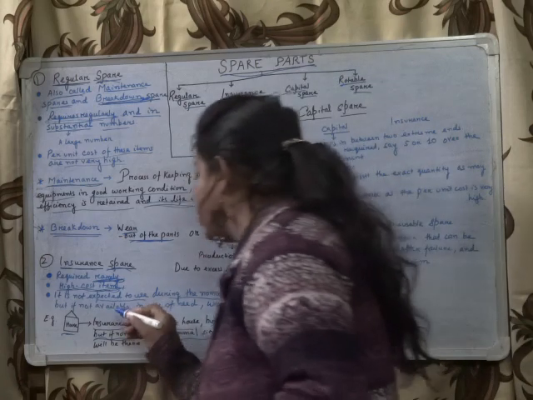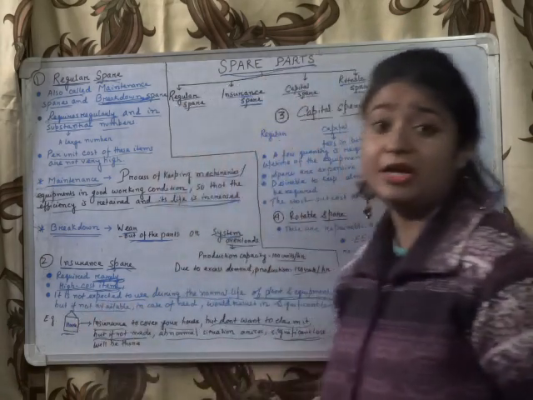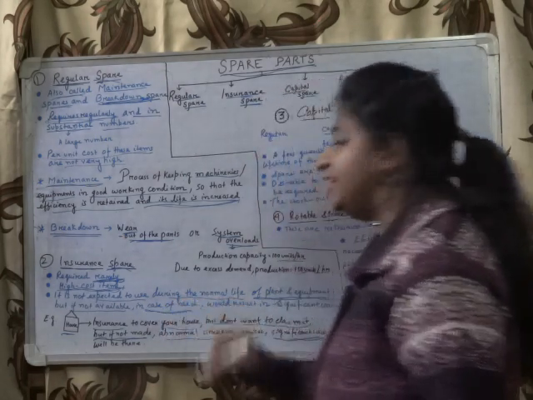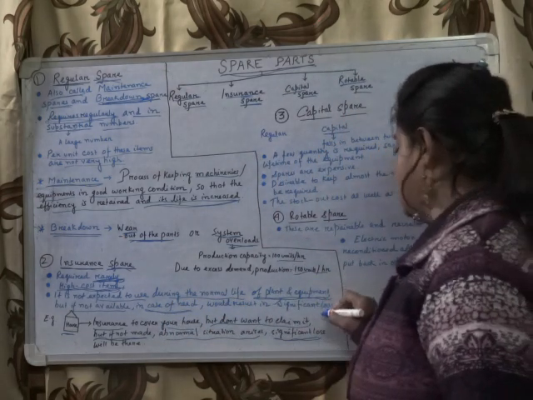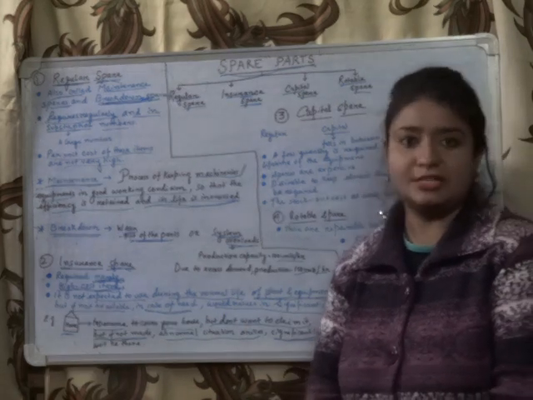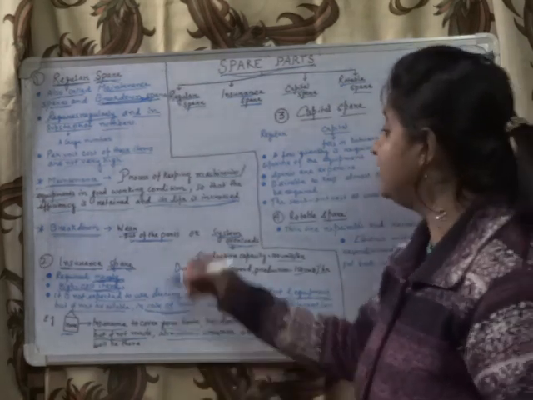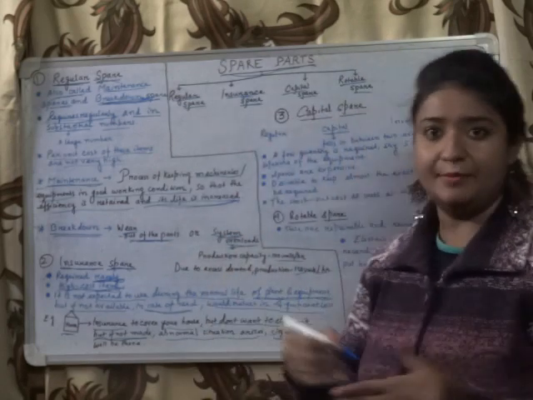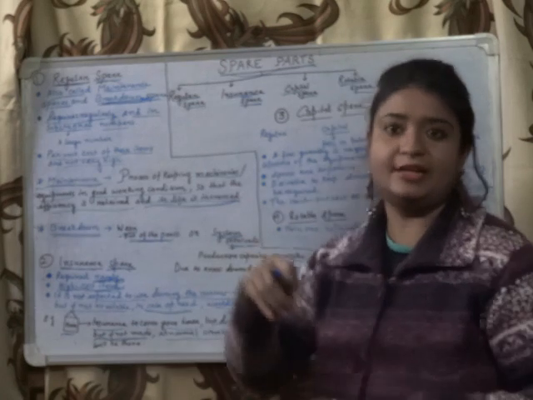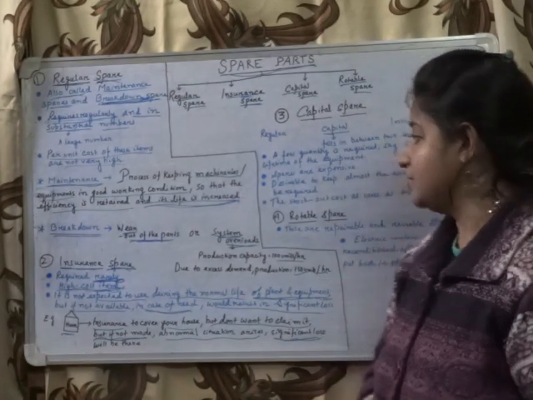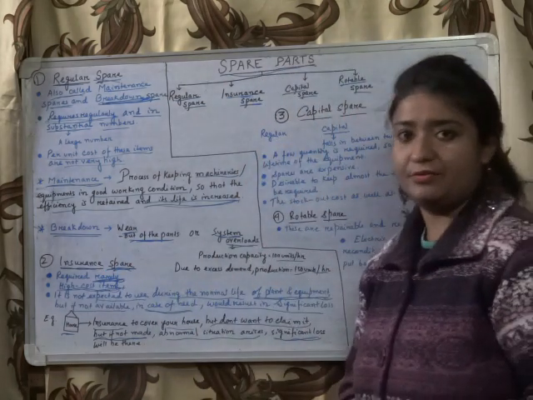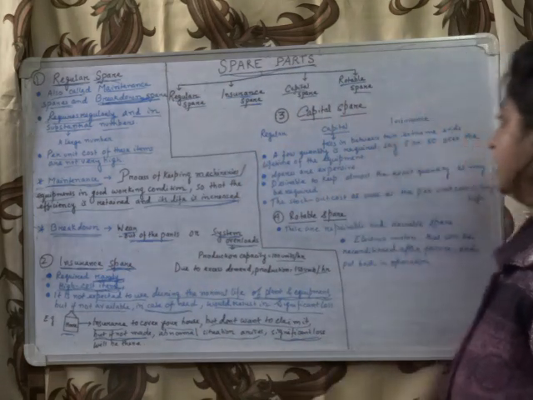But if it is not available, then when there is a need of this item, that would result in significant loss. So we also need them. We need them, but we don't want them to be needed in the future. Okay. So insurance spare, I think you have got a view about that.